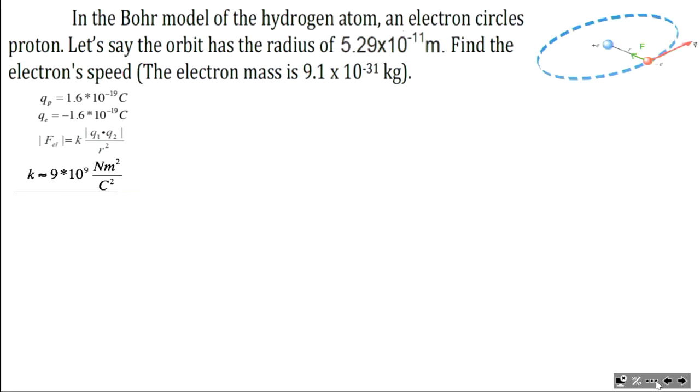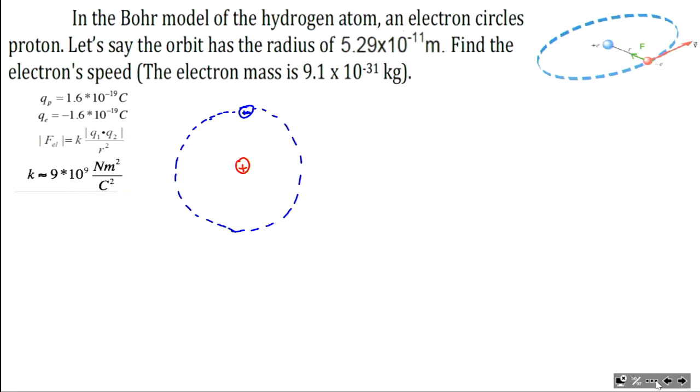And well, of course, first step is to redraw the picture using our own hand. That's a proton. That's an electron. Of course, in reality, we don't see any trajectory. We're imagining the simplest model, circular motion.